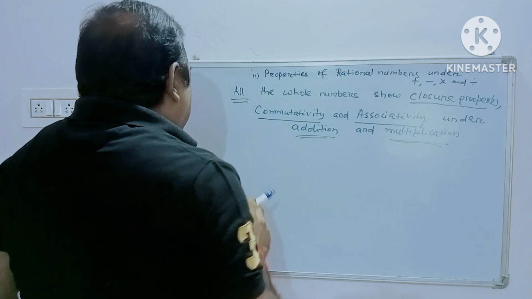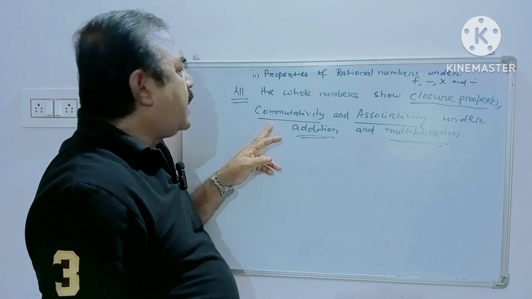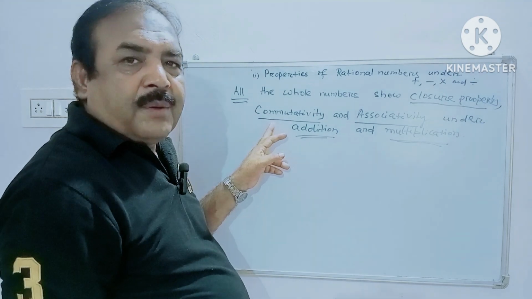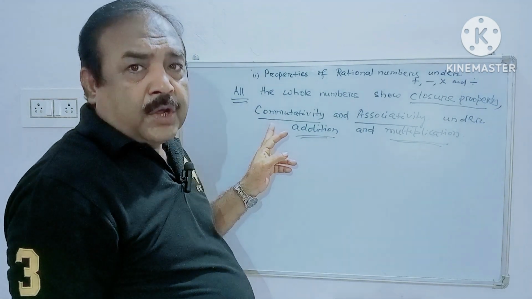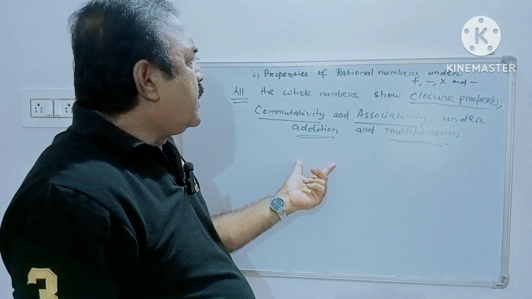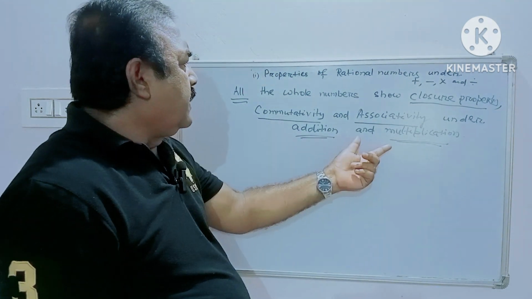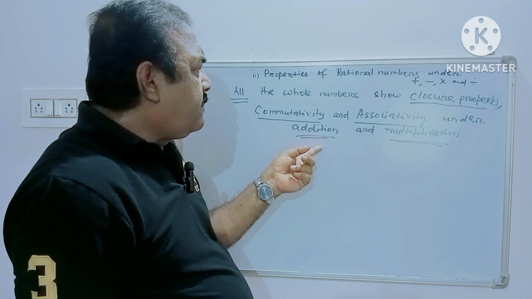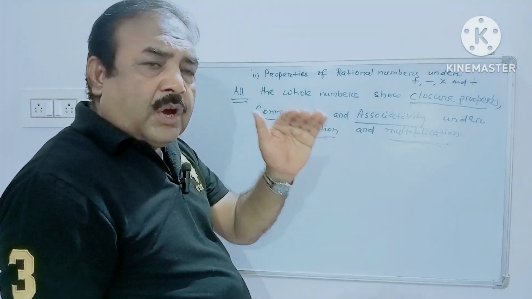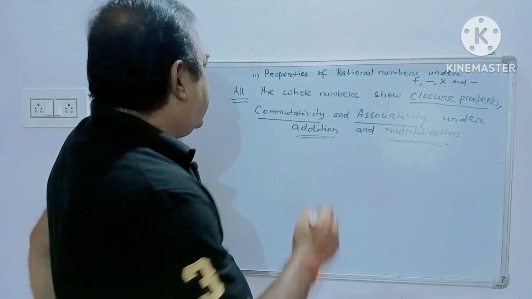Then come to commutativity, or commutative property. You know commutative property is also called order property. If you change the order of the numbers, then in the case of addition and multiplication, the sum and the product remain unchanged.